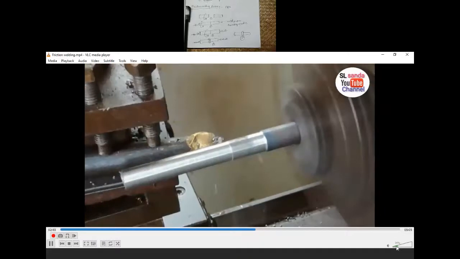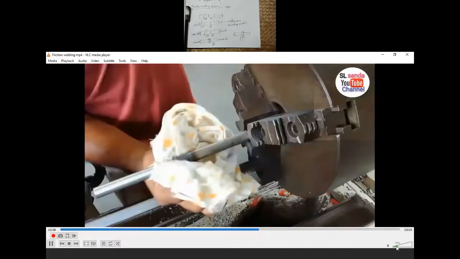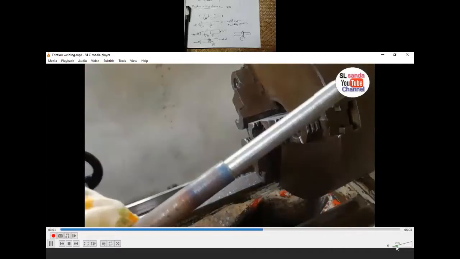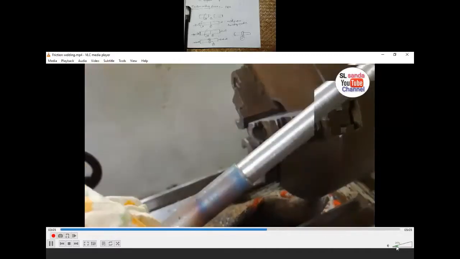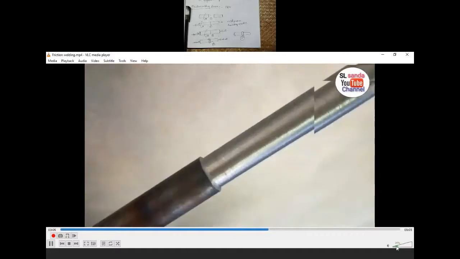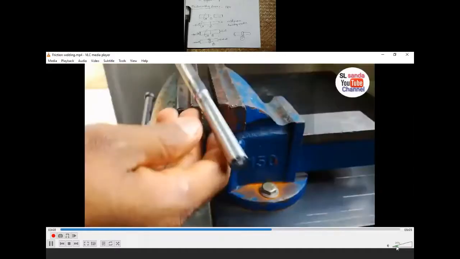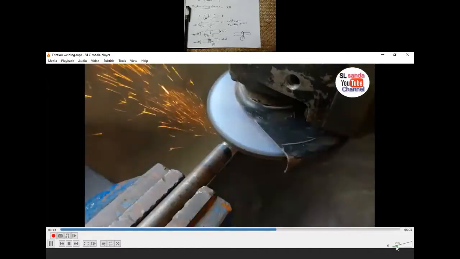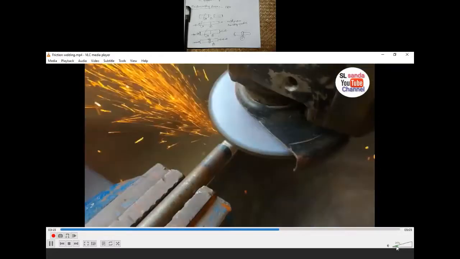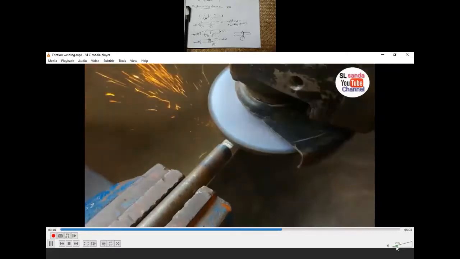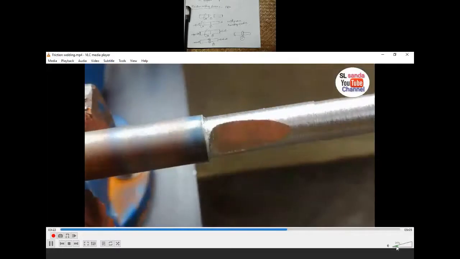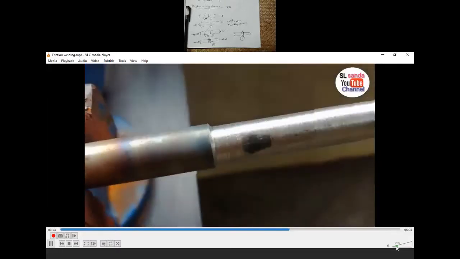Now you see the joint, you cannot understand where there was a joint. Now you finish it up. See, there is no trace of joint there. A very small trace is there, but see how good the joint is.